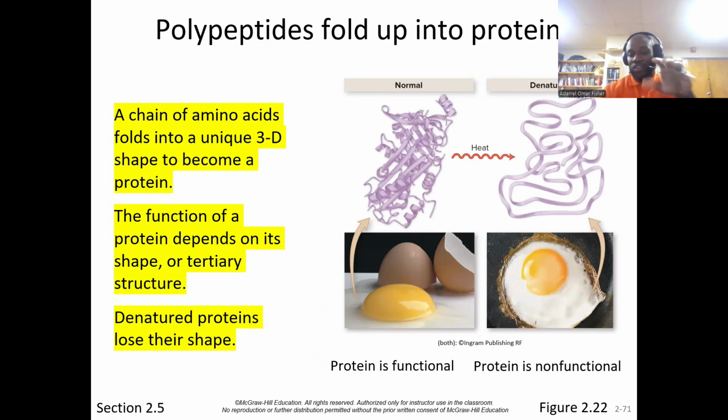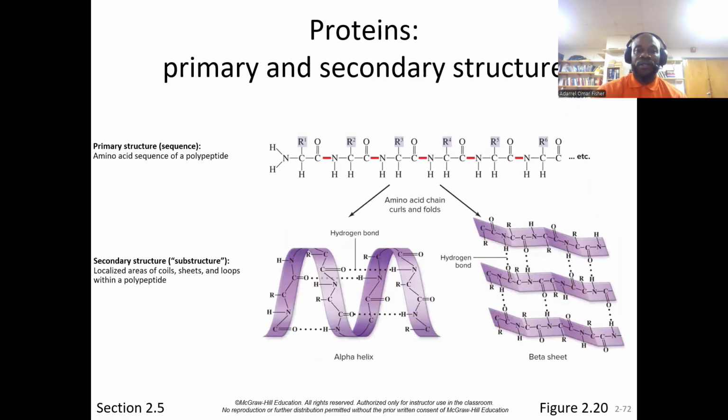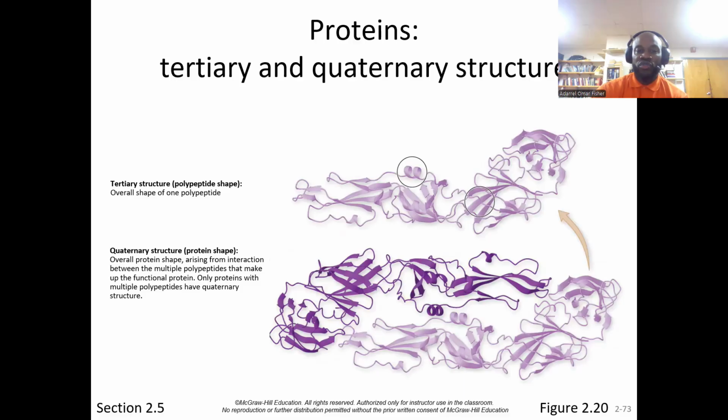If you add heat or change the pH, the protein unfolds, denatures, and doesn't function the same way. So this is the primary structure, the chemical structure, and then you have the secondary structure, sort of like the first fold, then the tertiary structure, and then the quaternary structure, which gives it its final shape.